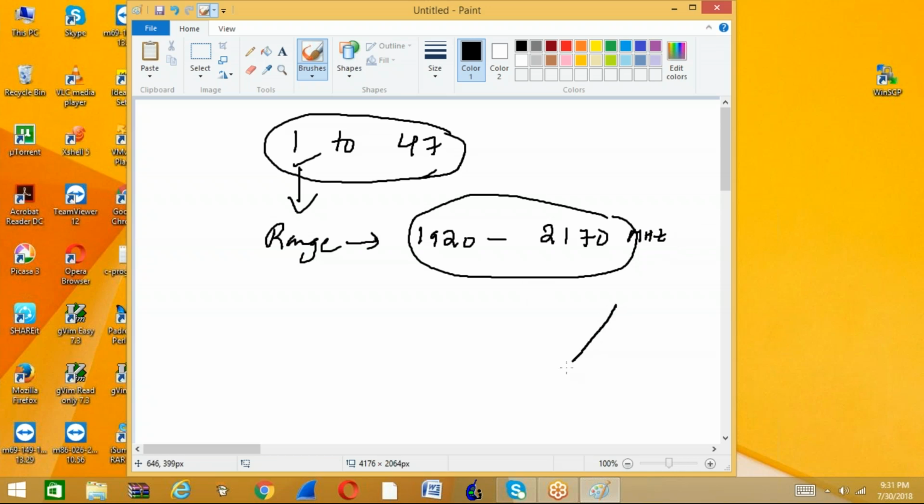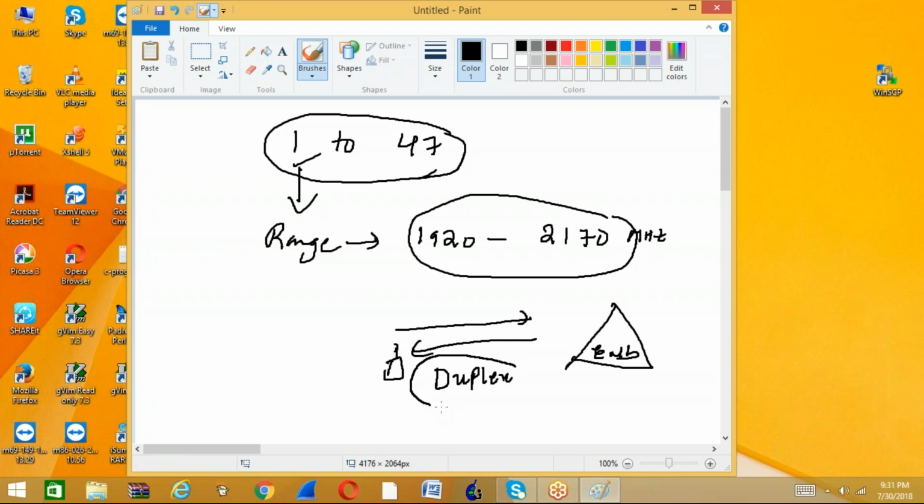Now this is your base station. This is my mobile. Does mobile talk one way or two ways? Two ways. Previous mobiles used to talk one way, but nowadays mobiles talk two ways. Whenever there is two-way communication, it is called duplex communication.